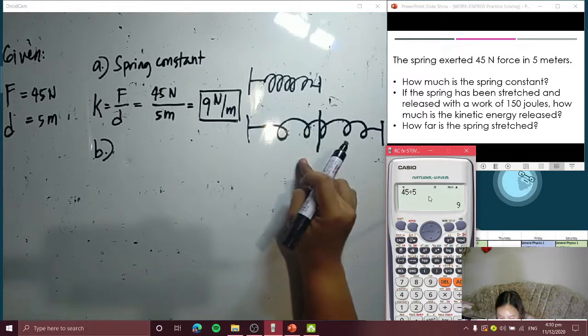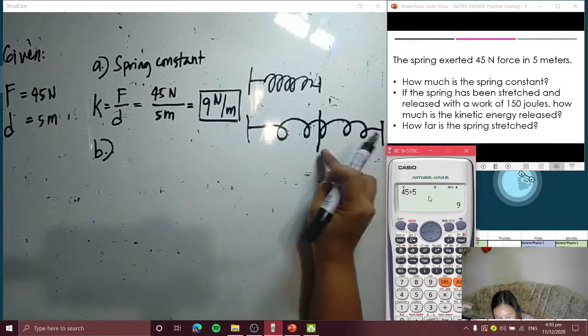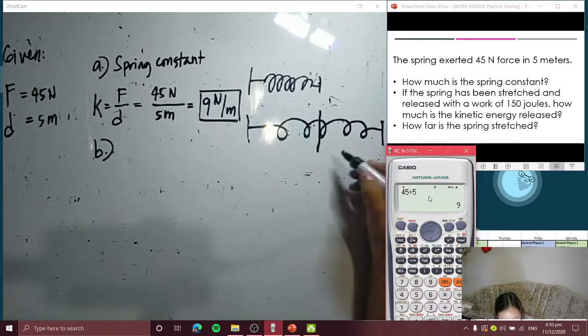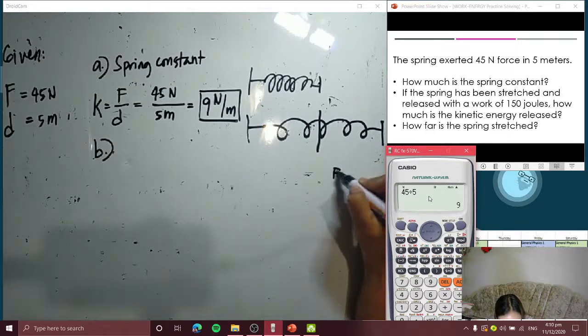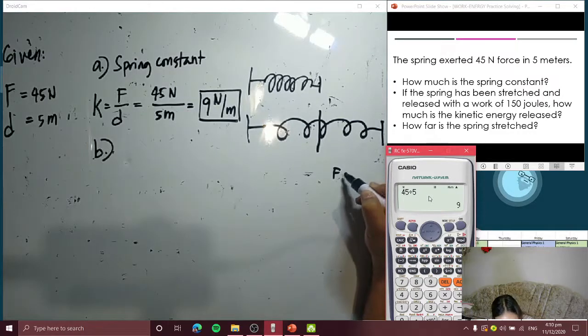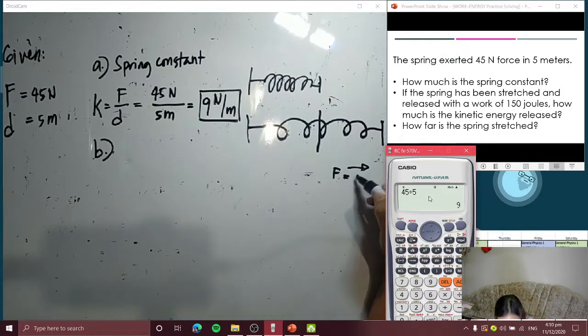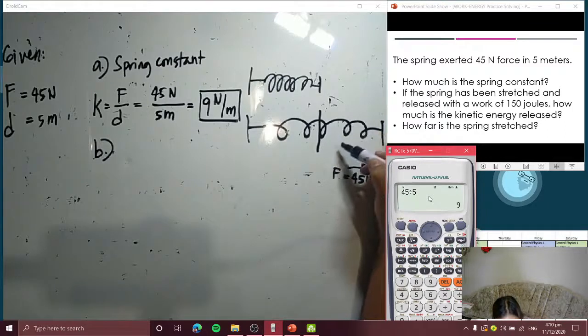Ang force nga gin-exert mo para ma-stretch mo siya is equal to 45 newtons, and the distance is, of course, equal to 5 meters.